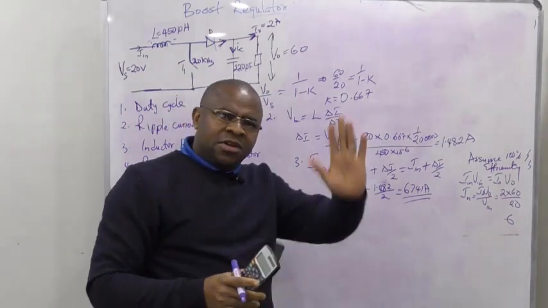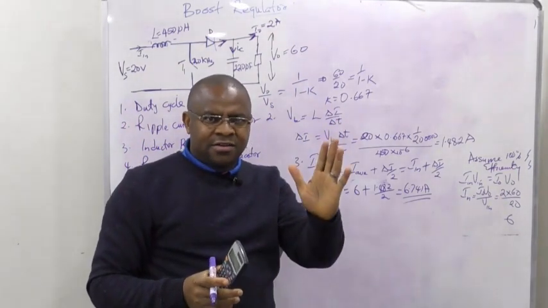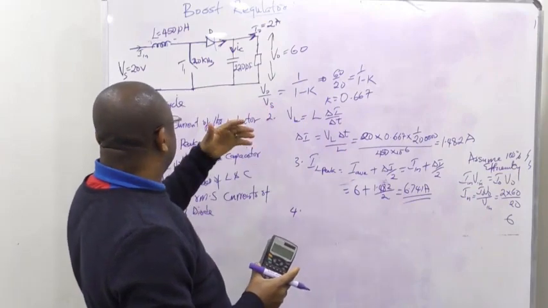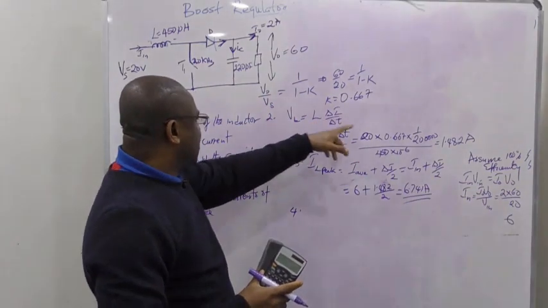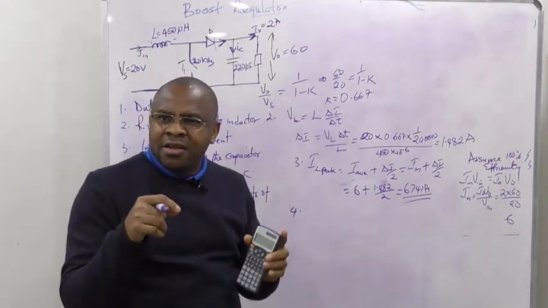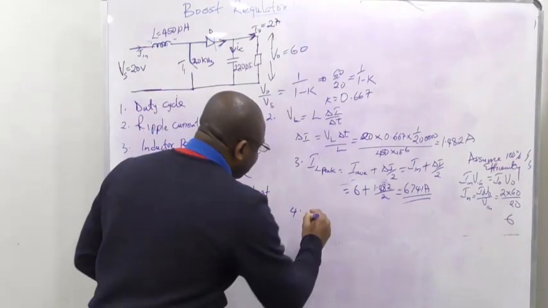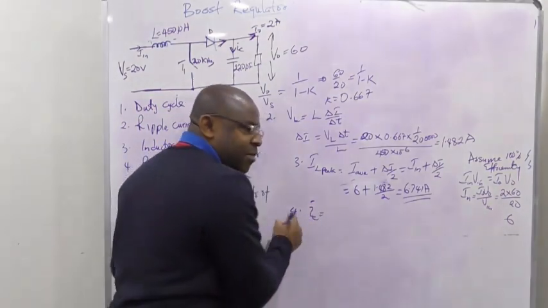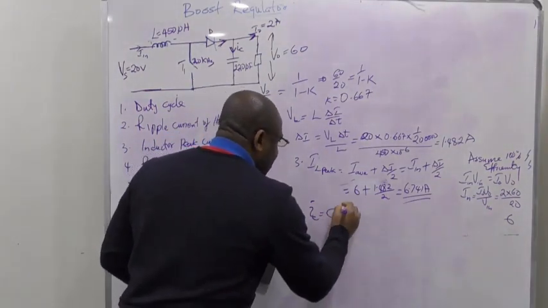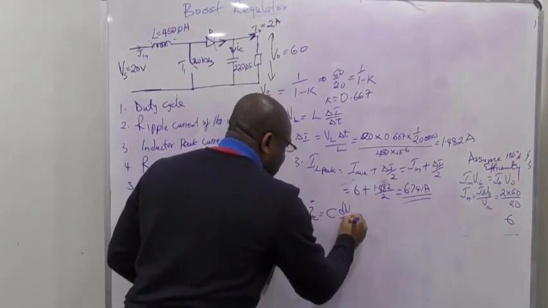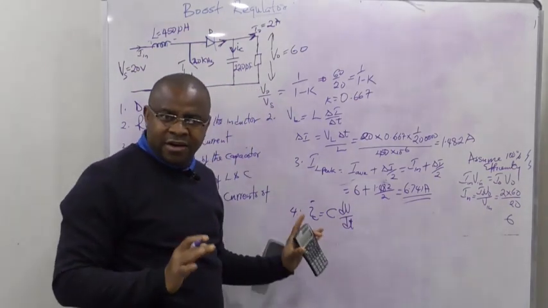Remember that the voltage across an inductor, we said, is L dI/dt. But the current charging a capacitor is C dV/dt. Like that, right? You know that.